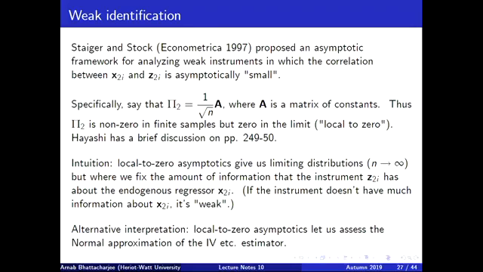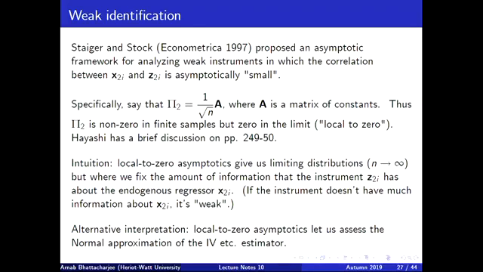So in finite samples, pi2 can still have full rank, but as n goes to infinity, the information is getting smaller and smaller. So you have an instrument which is very weak, which gives you a little bit of bite now, but as you go on to larger and larger samples, that is not going to have an effect. Think of it that way. So this is zero in the limit.